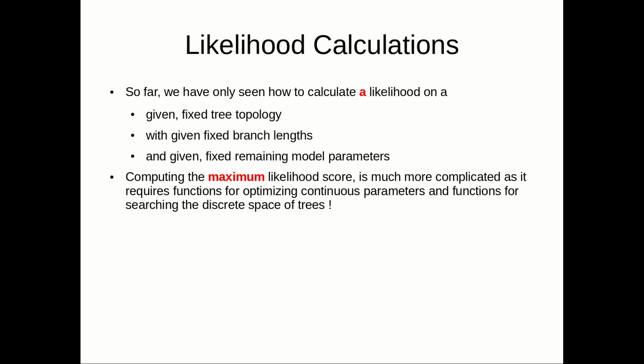Computing the maximum likelihood score is much more complicated, as it requires, on the one hand, functions for optimizing continuous parameters like the branch lengths and the rates in our rate matrix, so optimize with respect to the likelihood score. And of course, we also need functions for optimizing the tree topology, so for traversing this discrete space of trees. So we need functions to optimize continuous parameters, but also functions for attempting to optimize this discrete parameter, which is the tree topology.